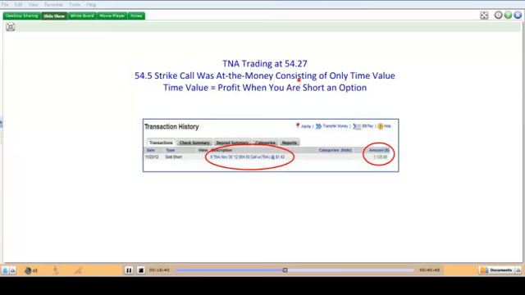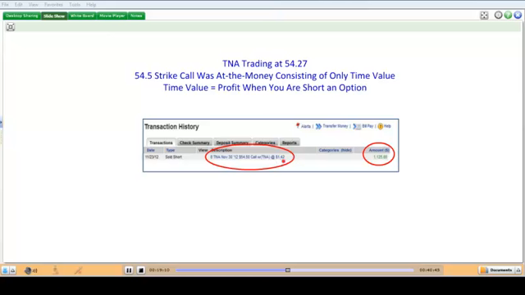So that would be considered an at-the-money call, and this 142 was all time value. And again, that time value becomes profit at option expiration because it decays to 0. So no matter what happens to TNA, that time value portion of the option, in this case $142 per contract, I get to keep that no matter what.